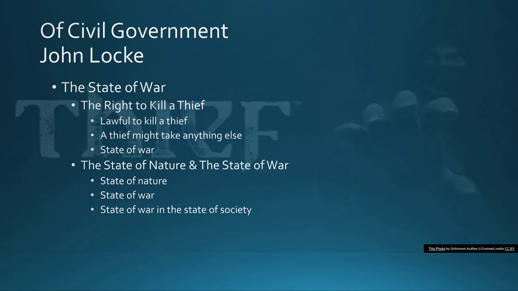So the state of war for him is distinct from the state of nature, and it's brought about by force or declaration of force, and that would create the state of war. When there's a situation without the possibility to appeal to a superior for relief, like in the case of society, this for him leads to the notion of a right of self-defense.